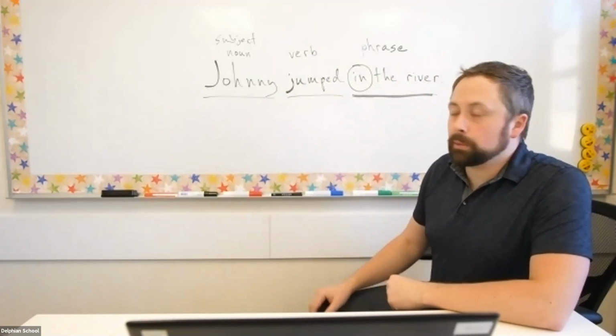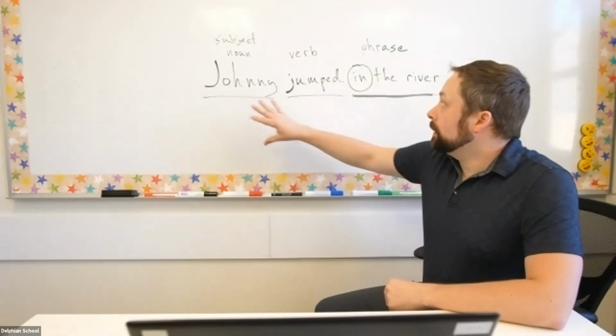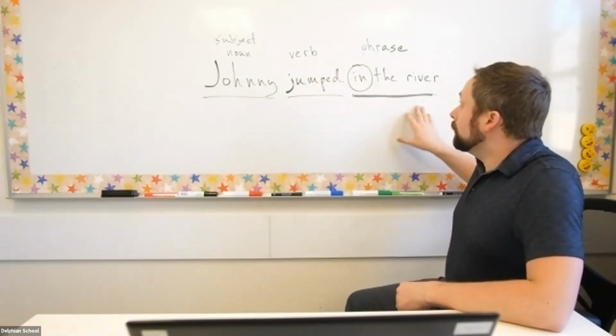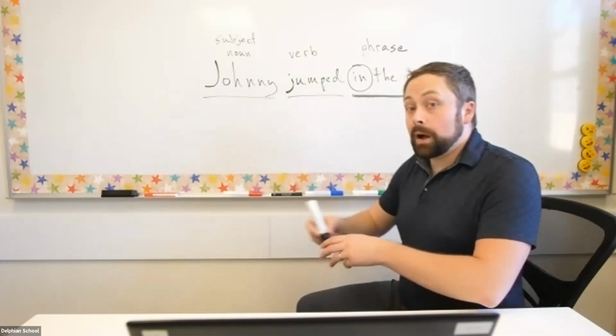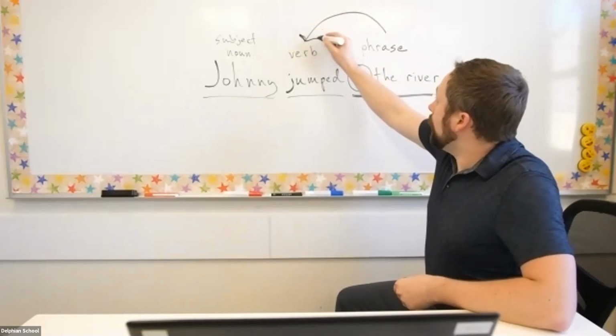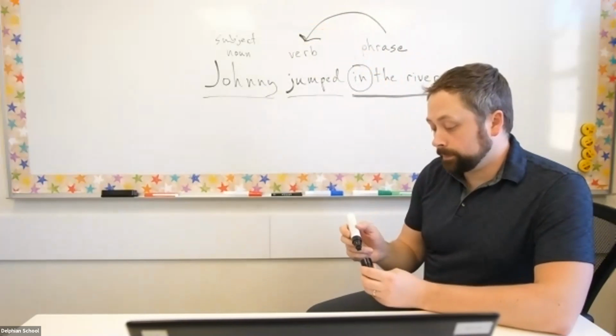But that's not applicable right now. Johnny jumped. Jumped is a verb. In the river actually acts as a modifier because it's telling us how or where Johnny jumped.